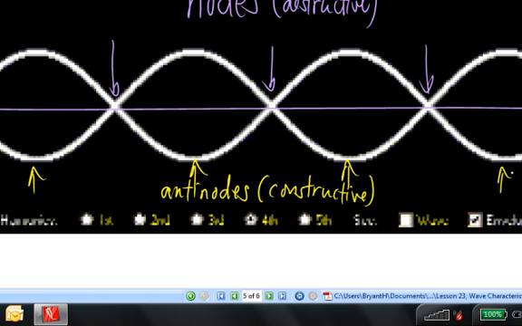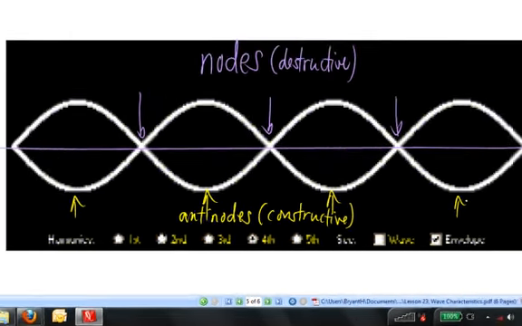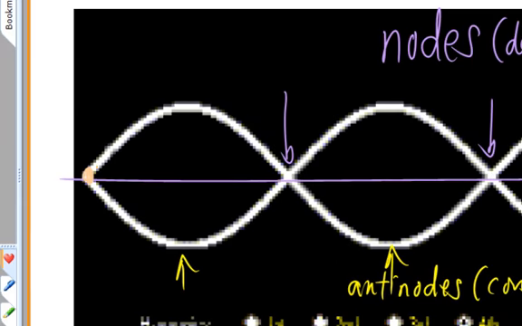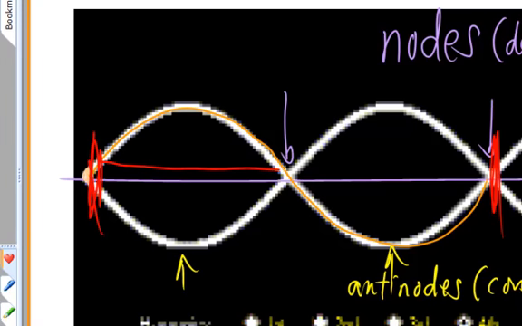One thing that's going to be important in these diagrams is to recognize what distances represent a single wavelength. And so I want to mark those on this diagram. Starting at the left side, if I start here and I go for one complete crest up like this and one complete trough down like this, that distance along this wave is considered to be one wavelength.